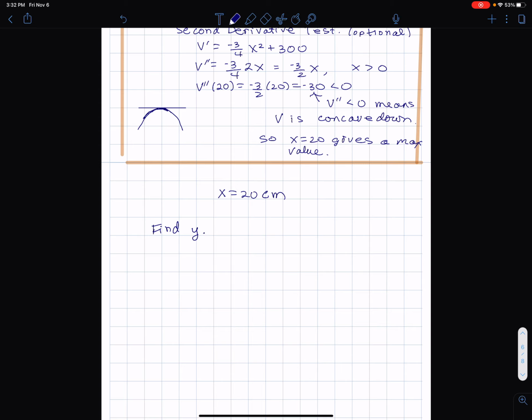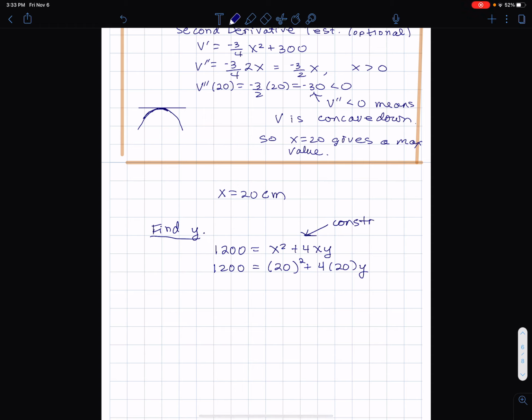All right, we're going to find y, and what we're going to do is use the constraint. The constraint said that 1200 equals x squared plus 4xy. Without looking above, I think that's it. I'm going to put in x is 20. By the way, we already solved for y in terms of x. Maybe I should write down that formula, but anyway, I'm going back to our constraint.